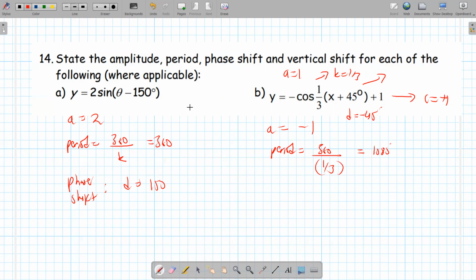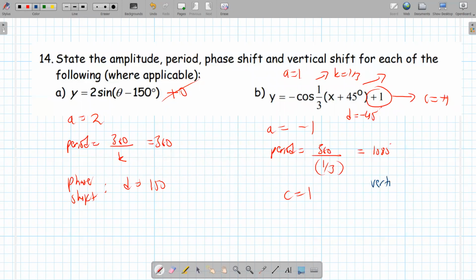Yes. Okay. And the vertical shift is just the C value. Here it's 0, so there is no vertical shift. And here the vertical shift is 1 unit up. So it shifted up one. If you want the technical definition, I don't think people are picky with this.